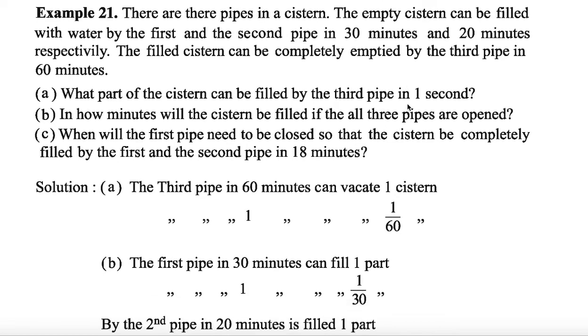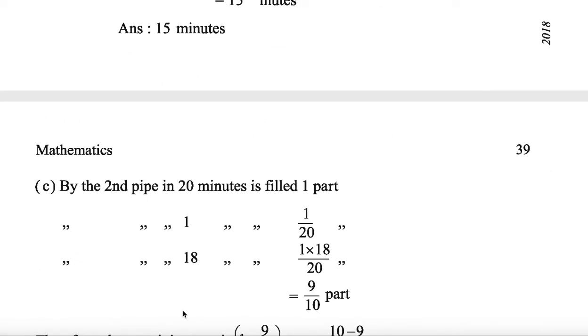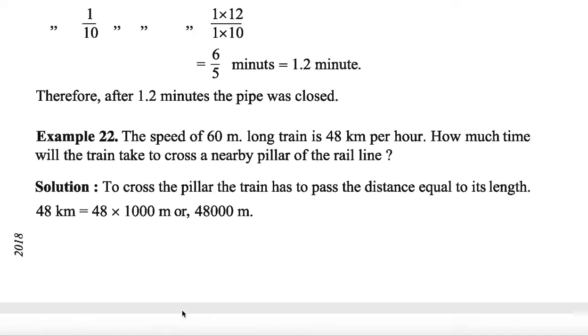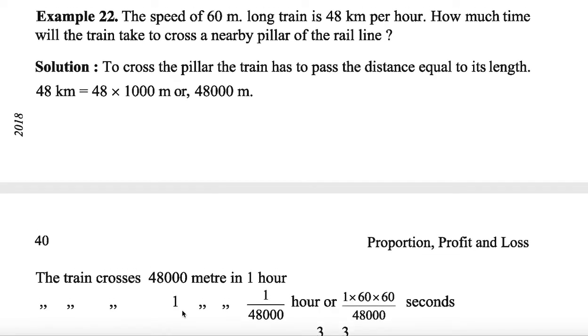In how many minutes will the cistern be filled if all the 3 pipes are opened? When will the first pipe need to be closed so that the cistern is completely filled by the first and second pipe in 18 minutes? Let's not solve this problem right now. There is a mismatch in the data.